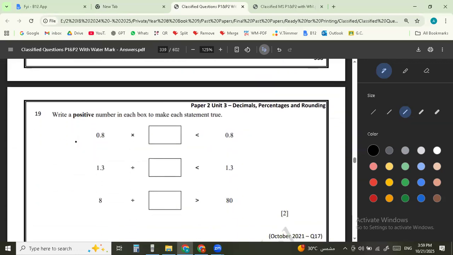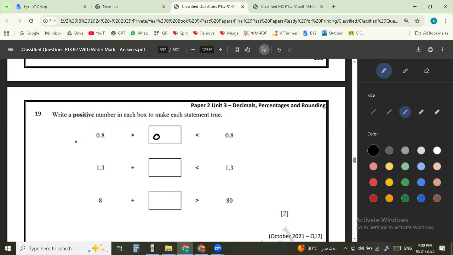Write a positive number in each box to make each statement true. 0.8 multiplied by what will give you an answer that is less than 0.8? We practiced this a lot in the workbook and in paper 1 as well. 0.8 multiplied by something will give you an answer smaller than 0.8 if it is a number smaller than 1.